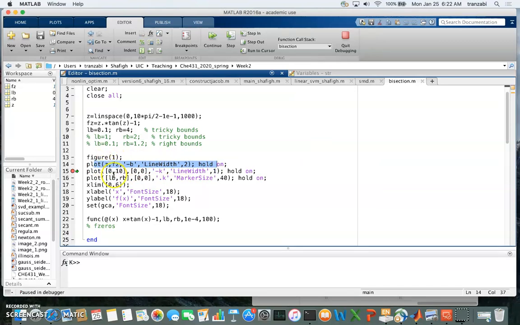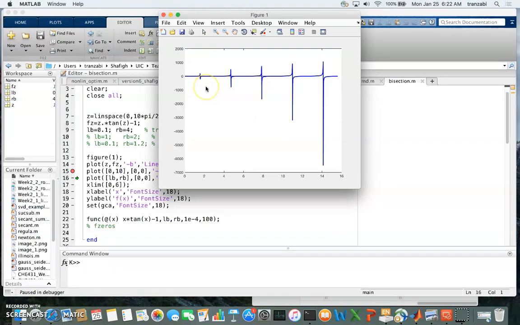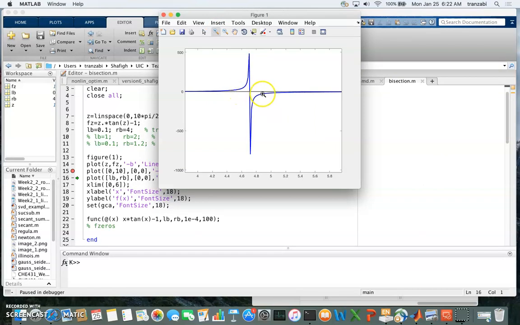Then we're going to also draw a line with solid black, line width of 1, from 0 to 10. If I run this one more step, you're going to see what that line is. There's a black line going through this. You can see it, it's very tiny.